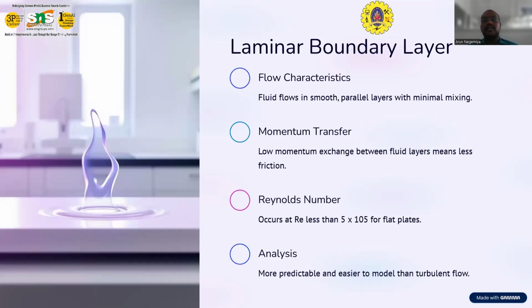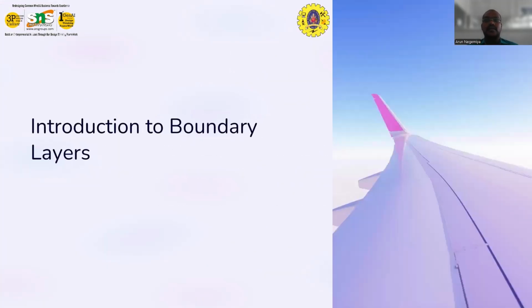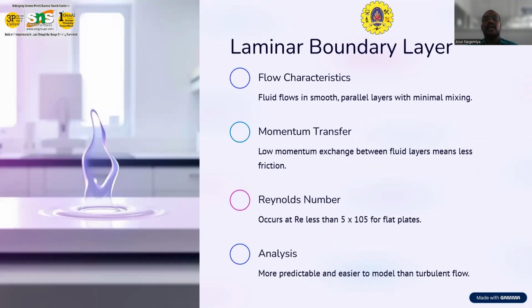Next, the boundary layer can be classified into two types. Previously we discussed that, the laminar boundary layer and the turbulent boundary layer. The laminar, already we discussed in the previous video. Laminar is a streamline flow.